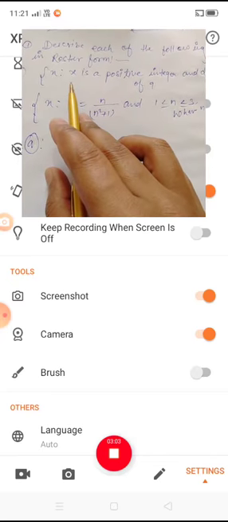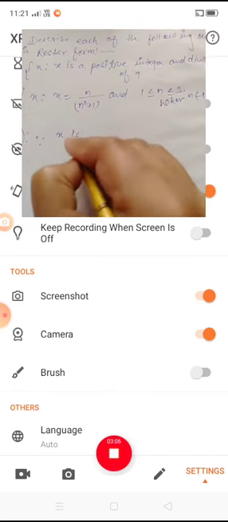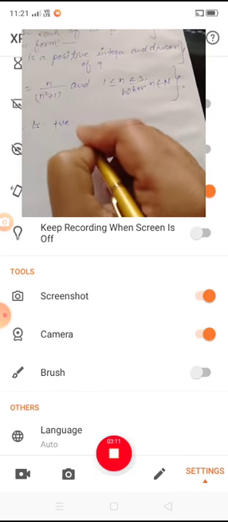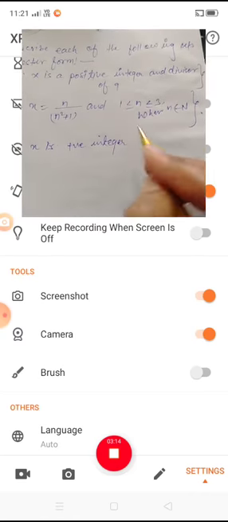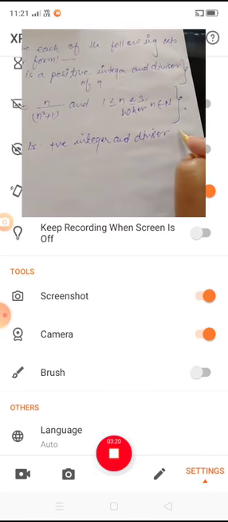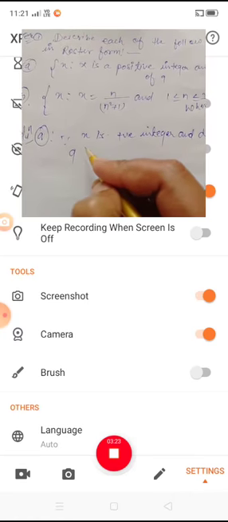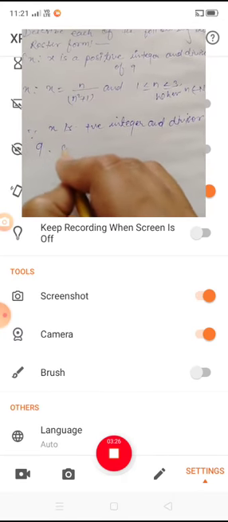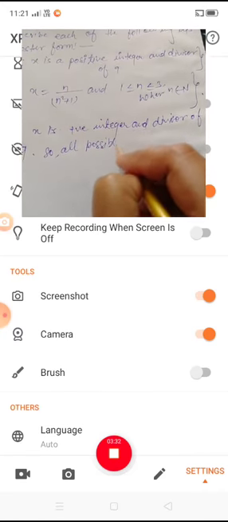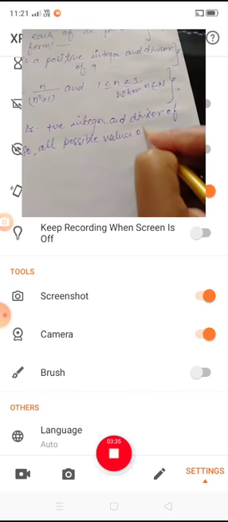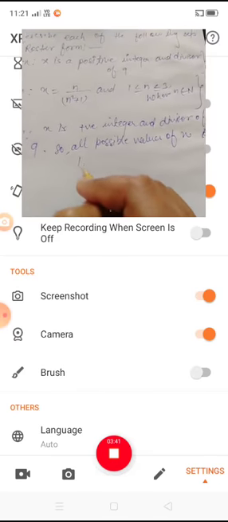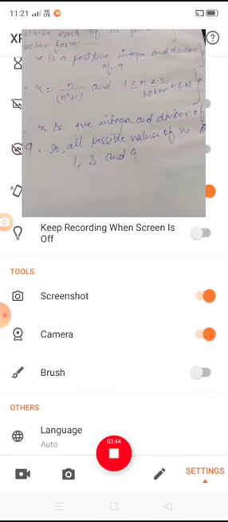Here, since x is a positive integer and divisor of 9, all possible values of x are 1, 3 and 9.